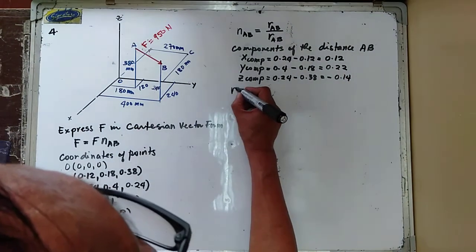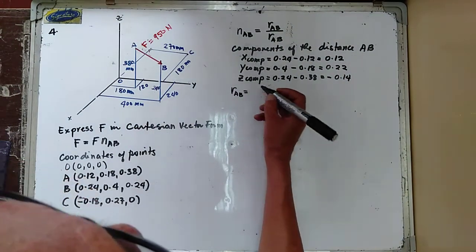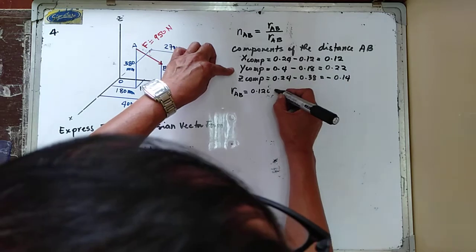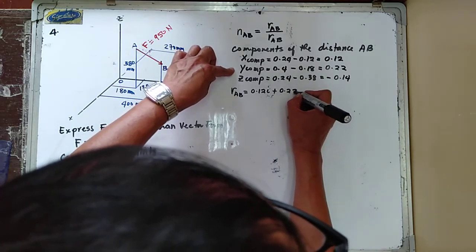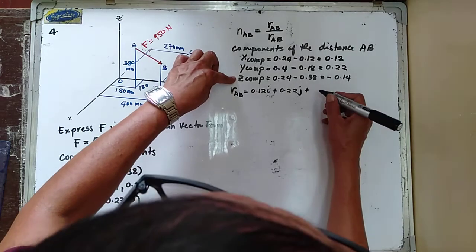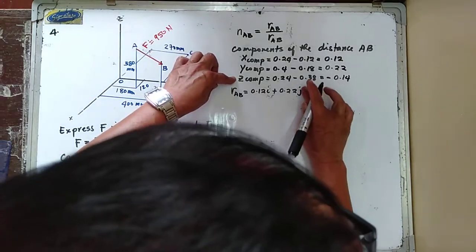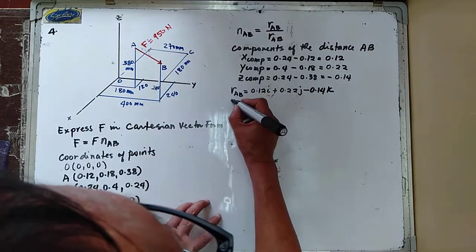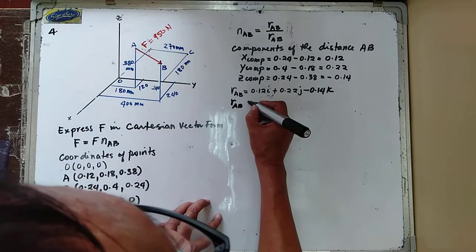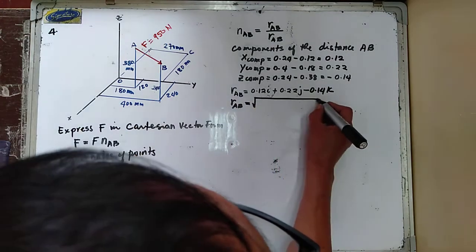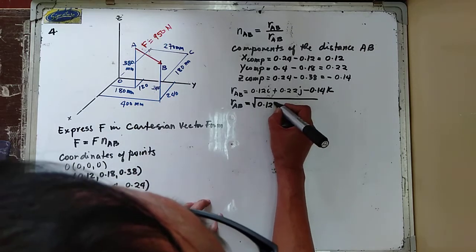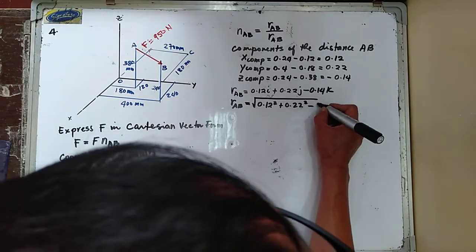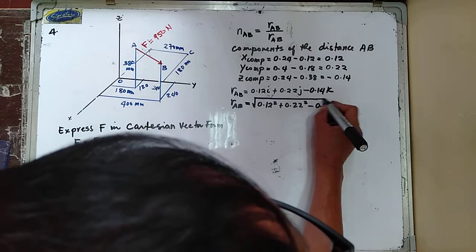So the vector distance AB is now equal to 0.12i plus 0.22j minus 0.14k, and its corresponding magnitude is equal to the square root of 0.12 squared plus 0.22 squared plus negative 0.14 squared.